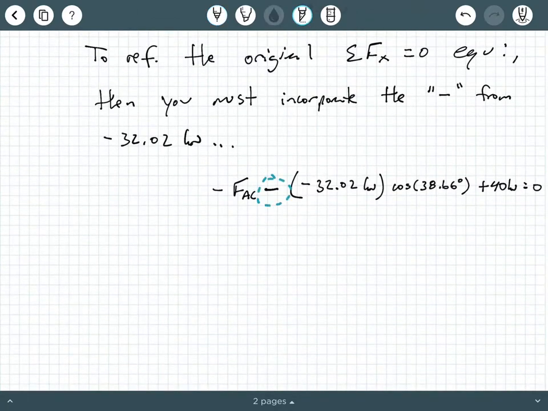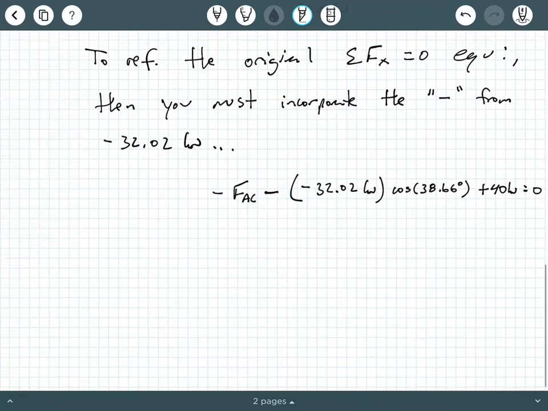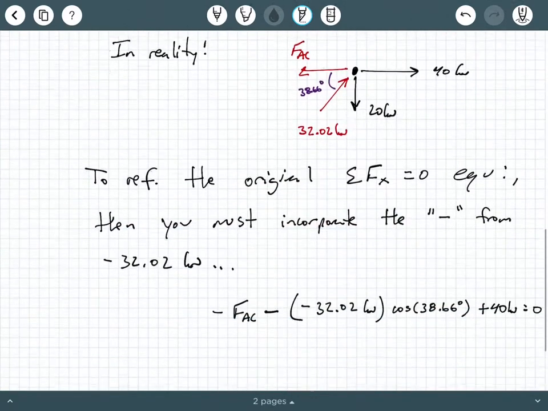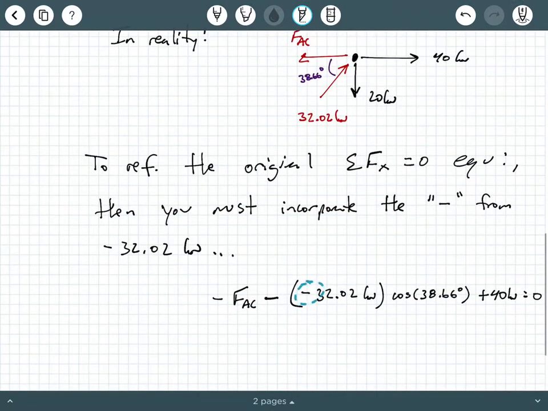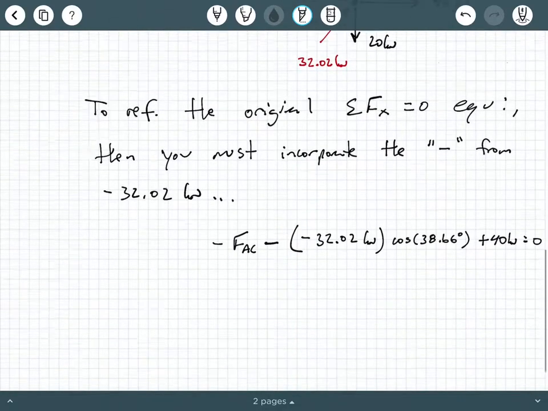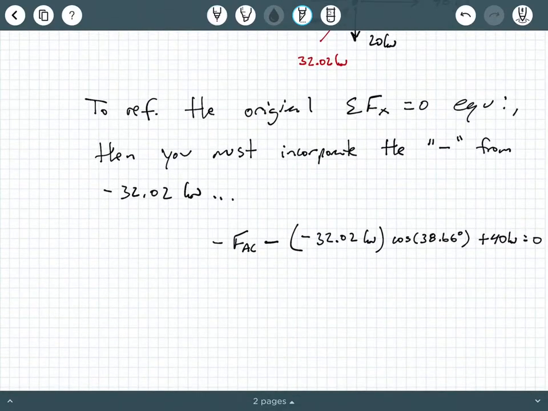This negative sign that I've circled right now is this negative sign. That is the same negative sign. Now, the negative sign right up next to the 32.02 is this negative sign. So those are two different negative signs. When you plug them in together, it'll become a net positive.